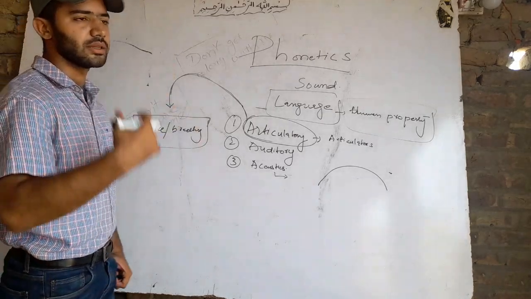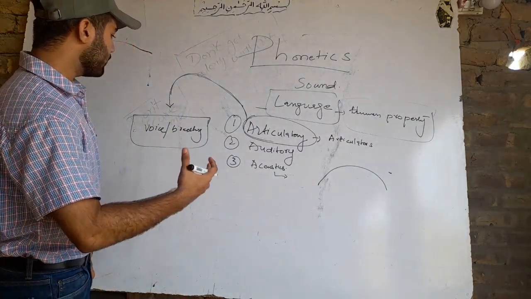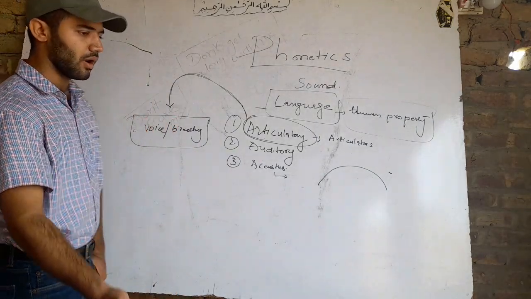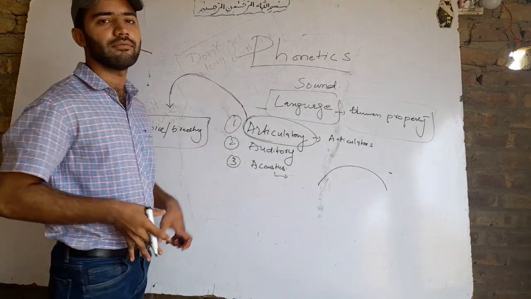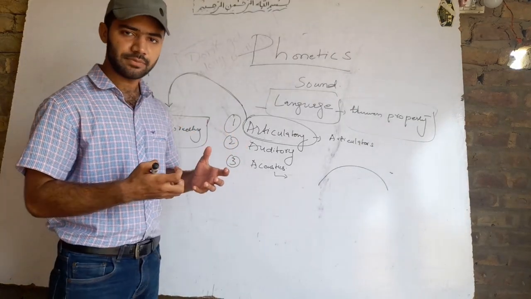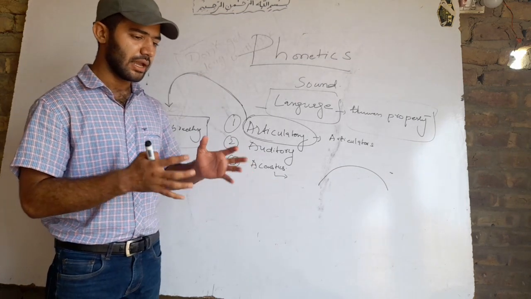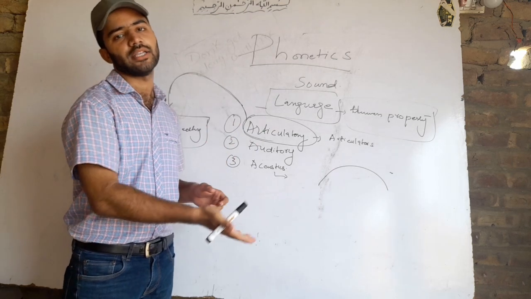Because when we inhale, we store the air inside our lungs, and when we exhale, the air that comes from the lungs passes through the larynx, and at the top of the larynx, we have vocal cords or vocal folds. These are a pair of lips in structure, which are capable of adjusting their size. And when they adjust their size, the airflow is resisted, and that resistance in the airflow is basically the cause of voice production.